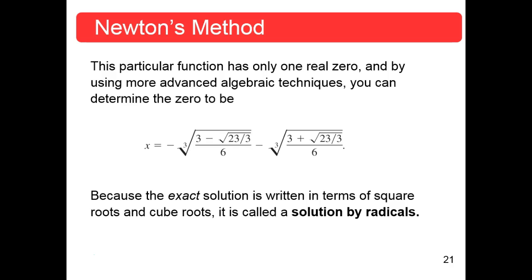And notice it's negative. Whatever this is in here, can we guarantee that? The square root of 23 over 3 is a little bit more than the square root of 7. The square root of 7 is less than 3, right? So 3 minus that is going to be a positive number, and that's positive, so this is going to make it negative.